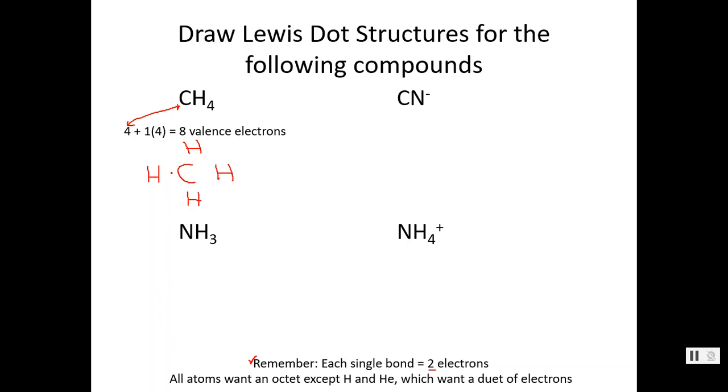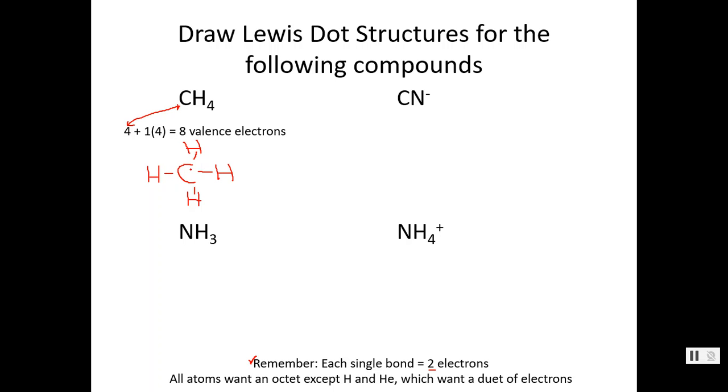So in making single bonds from my central atom to my outer atoms, 2, 4, 6, 8. I have made my single bonds from my central atom to my outer atoms. I've used 2, 4, 6, 8 of my 8 valence electrons, so I have to stop. There are no more electrons I can place.